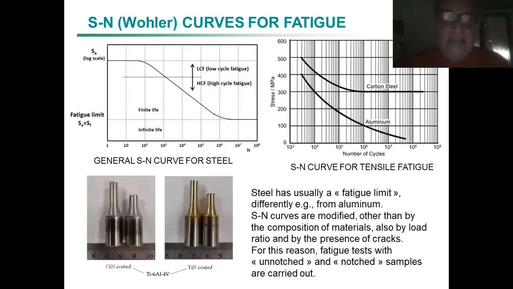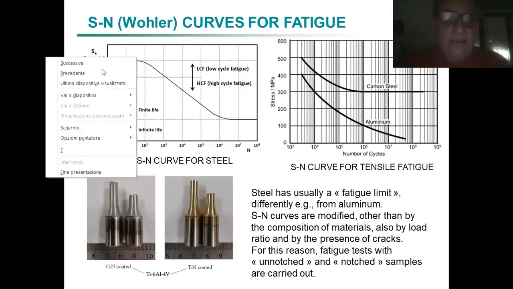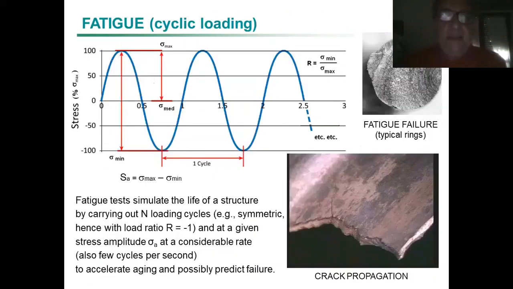So, if we were talking about fatigue, fatigue is cyclic loading. Let's go a bit further into fatigue because we are going to talk about fatigue in a number of materials. Fatigue is a general concept. Fatigue is cyclic loading.